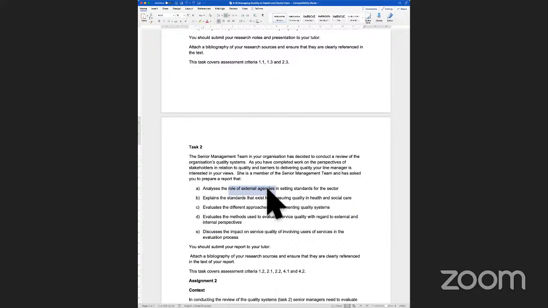We would need to mention one or two care standards that they prescribe and how these standards are maintained in a healthcare setting, which is the organization of your choice, whether it's a hospital or a care home, and how these care standards contribute to running the setup within the health and social care sector. That is the analysis required, or the compilation of evidence required for you to meet analysis.